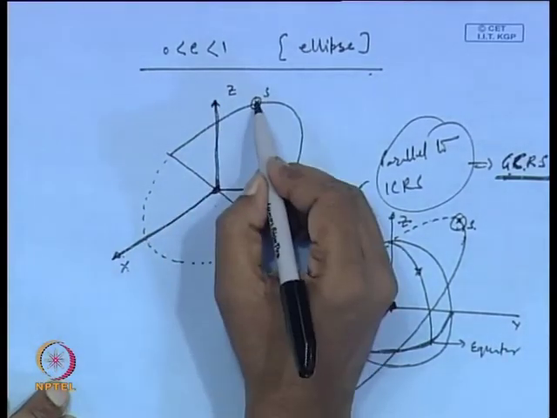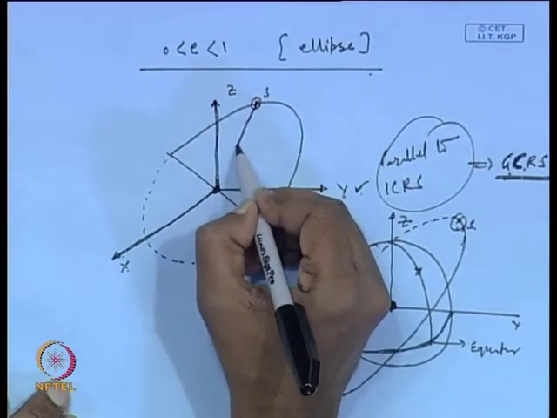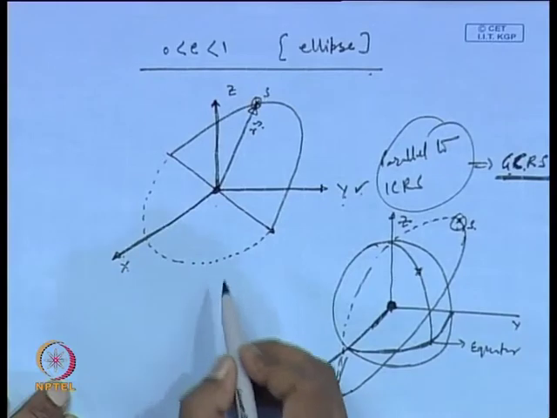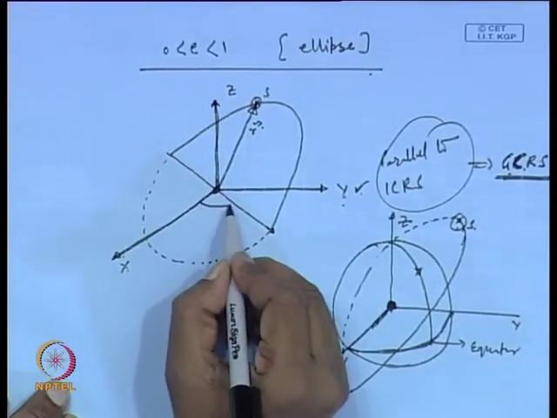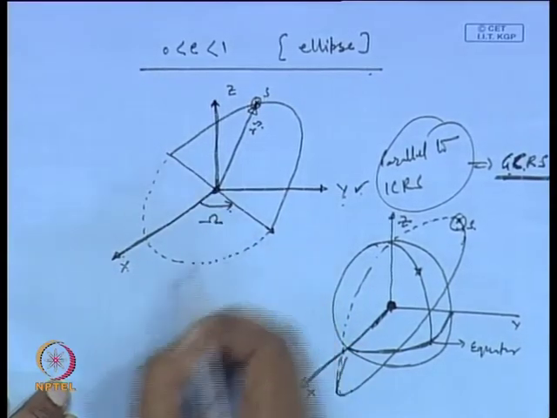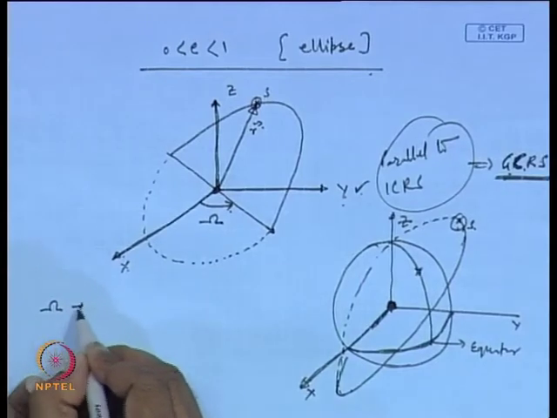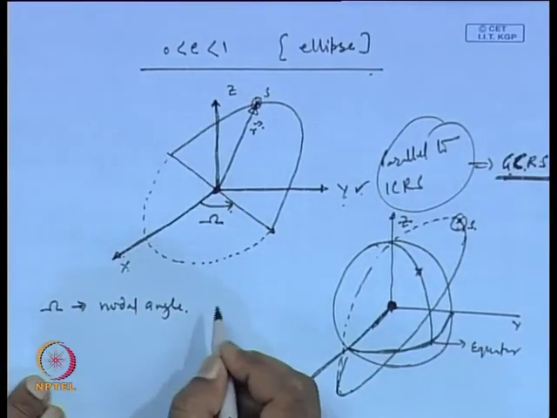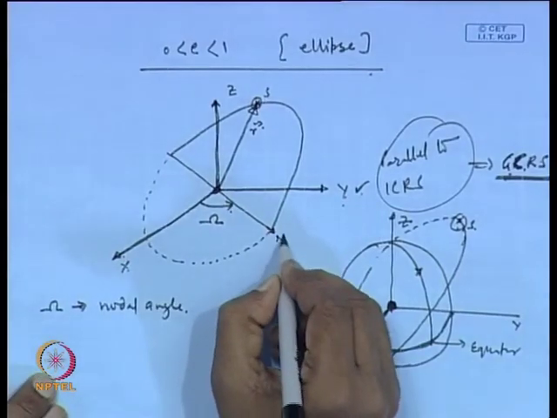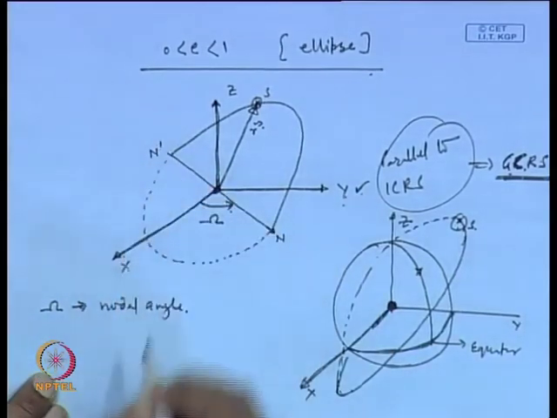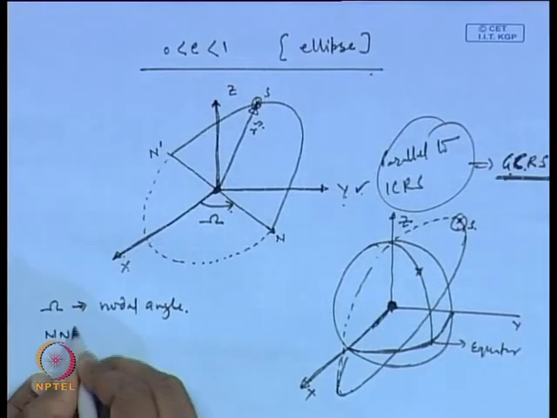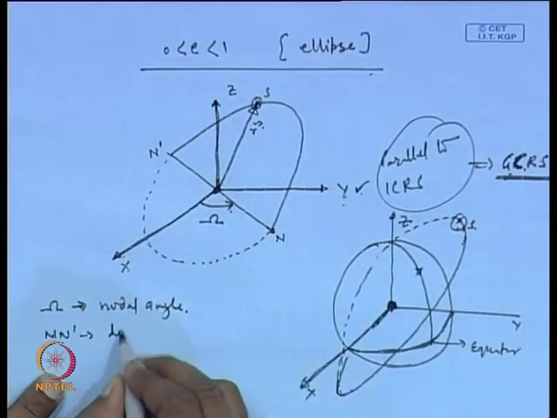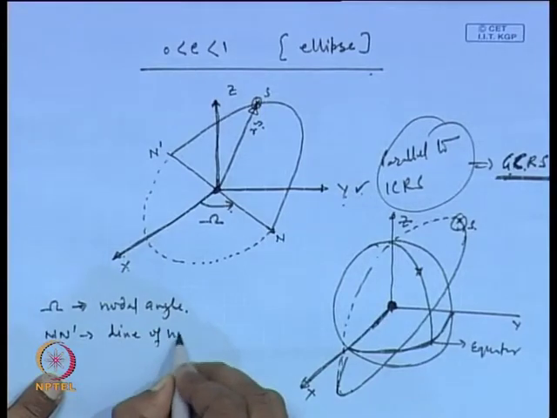Now, in this plane the satellite is lying here, and this is the radius vector of the satellite. This angle from here to here is capital omega, called the nodal angle. The line n n prime is known as the line of nodes.